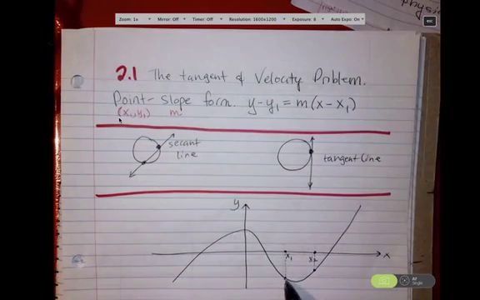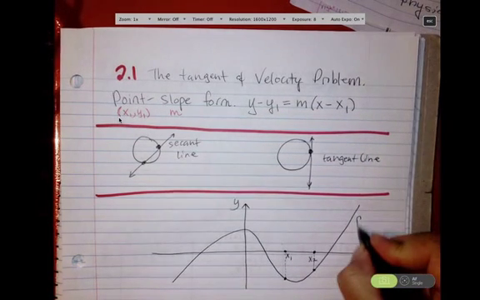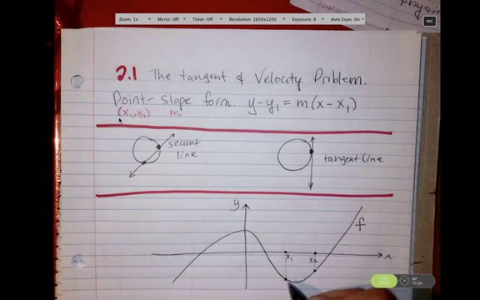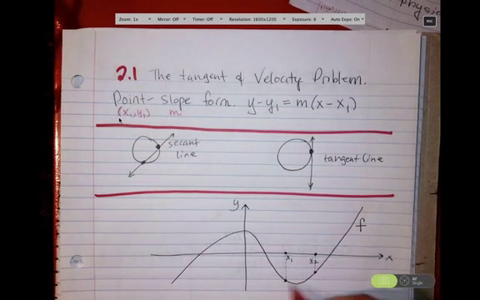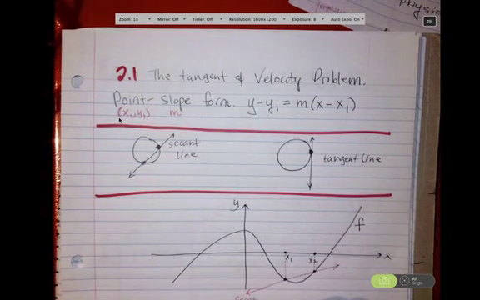These values correspond to points on the graph of the function. We'll call this function f. And the line passing through these points is called the secant line.